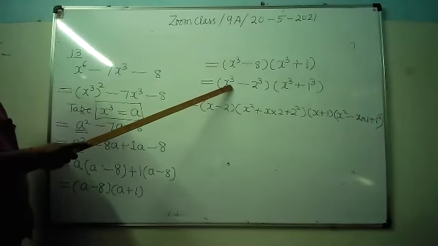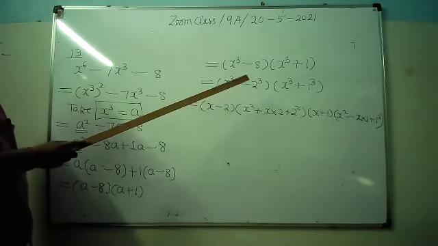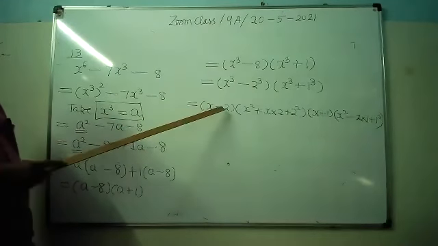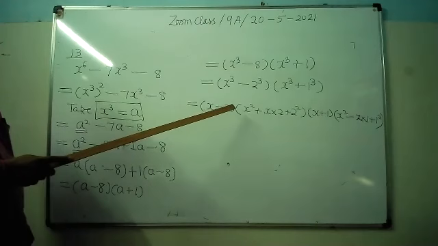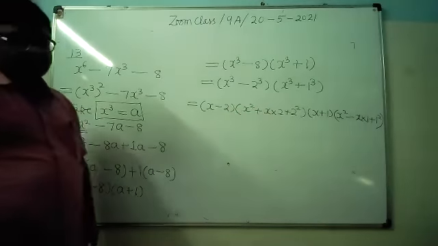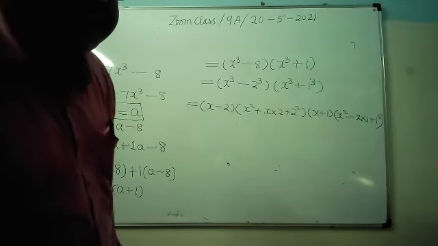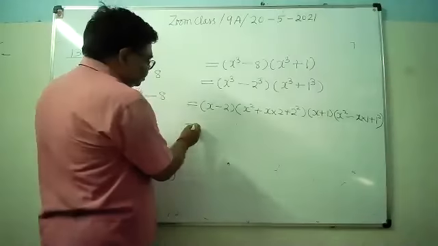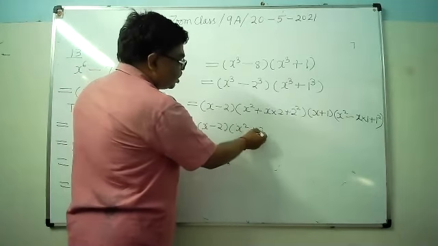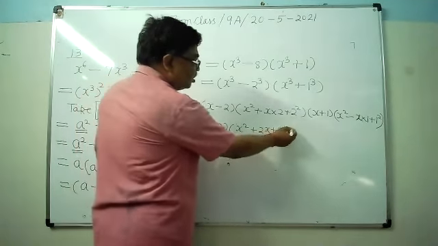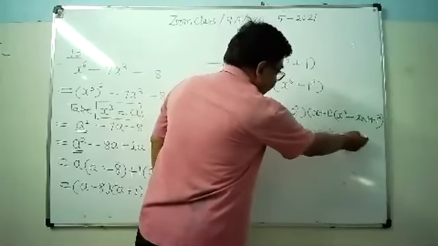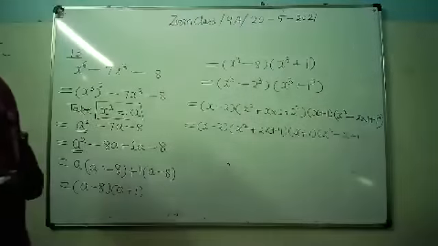This I have factorized by a cube minus b cube. What is in place of a? x. In place of b? 2. So it is x minus 2. In the other bracket, a square plus ab plus b square. It is clear? Similarly, the next one. So see here, when you simplify, this is x square plus 2x plus 4, times x plus 1, times x square minus x plus 1. This is the factorization.